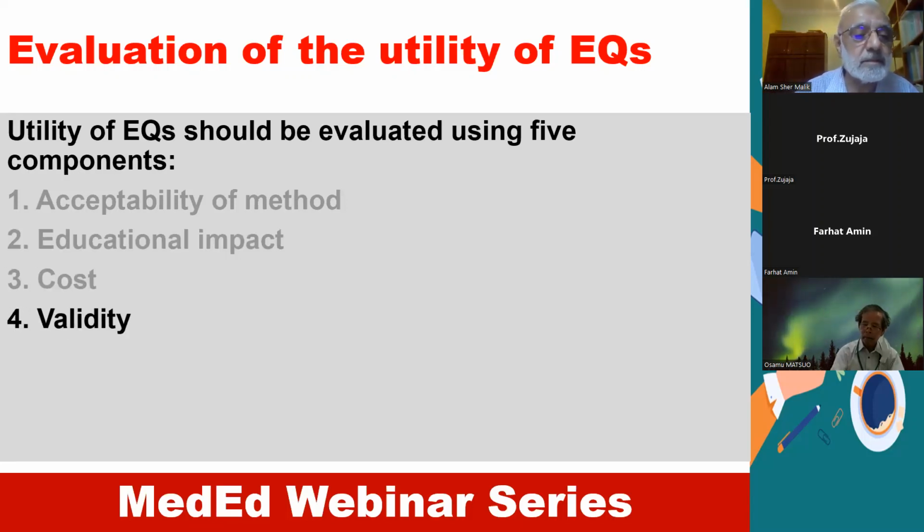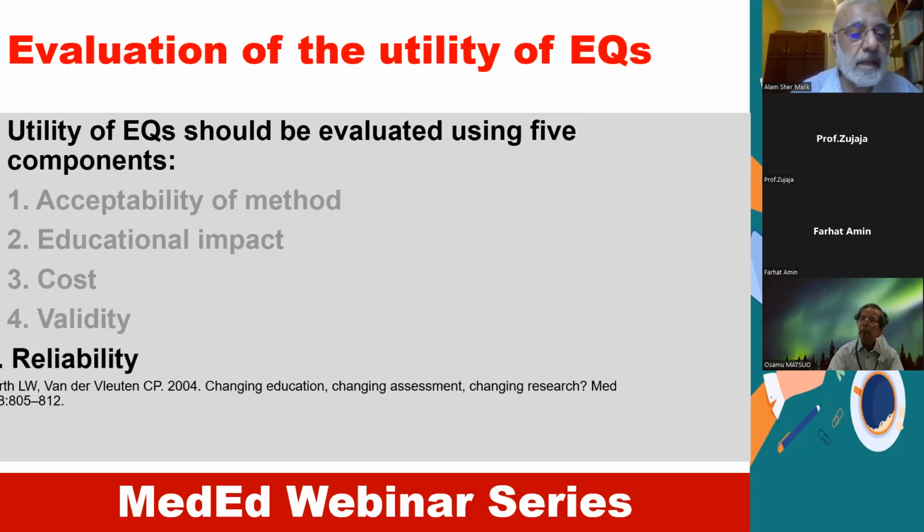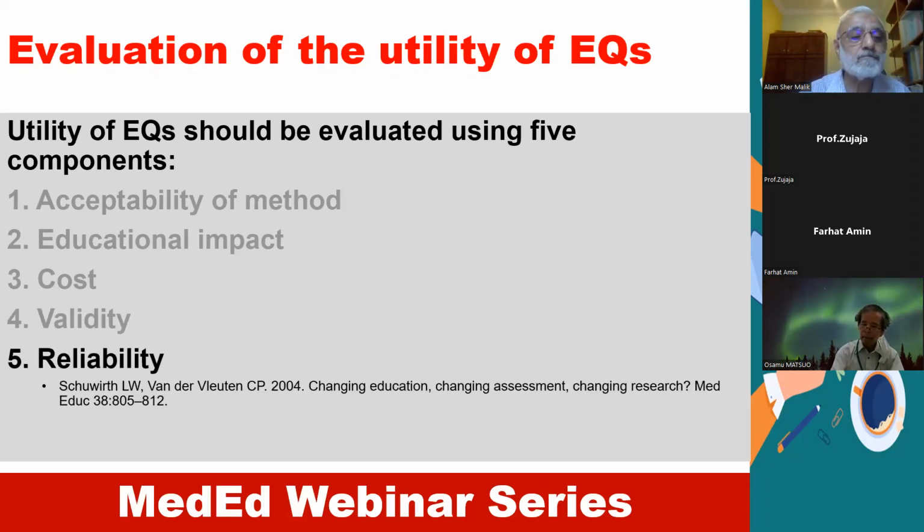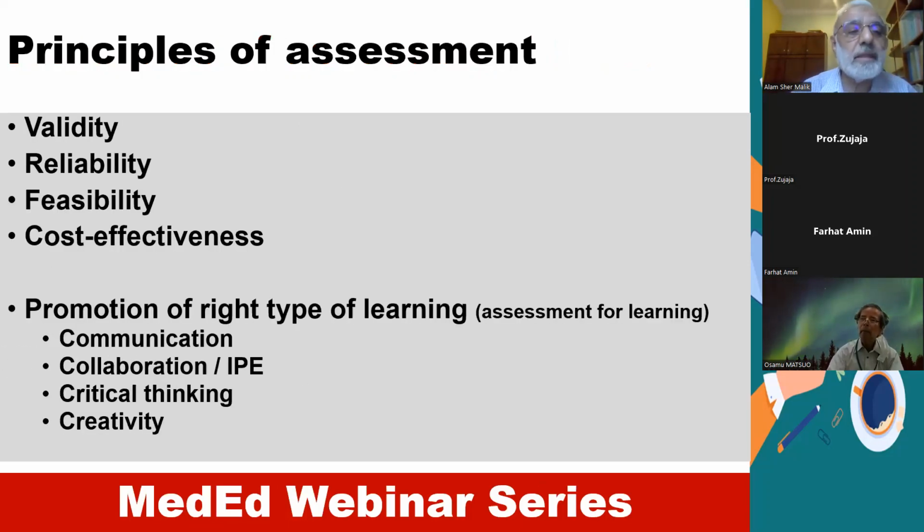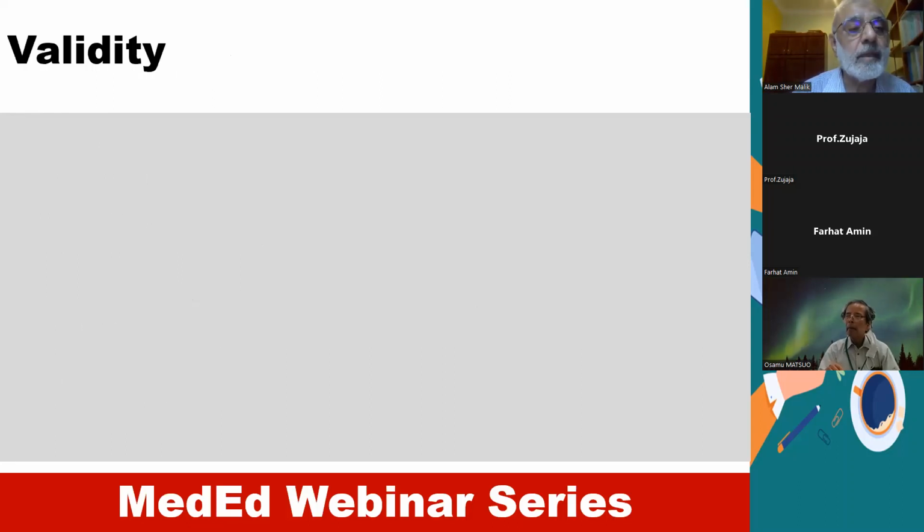Of course, the cost, the validity, and reliability. Again, the same things are used as principles of assessment, and assessment for learning would include communication, collaboration, interprofessional education, critical thinking, and creativity. Now, creativity and critical thinking are important components for essay questions.